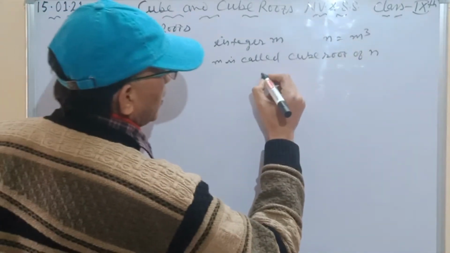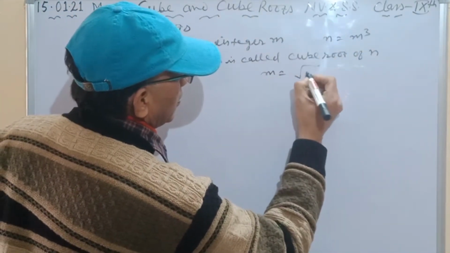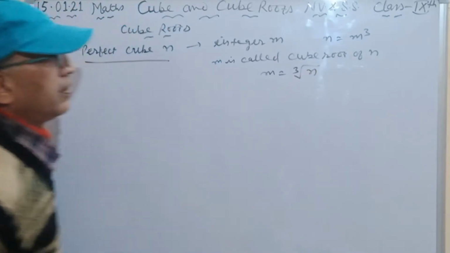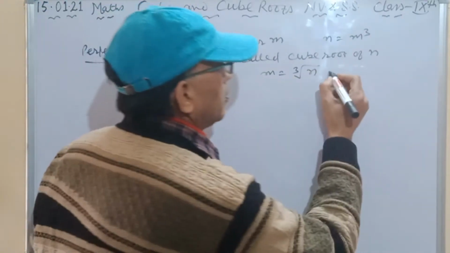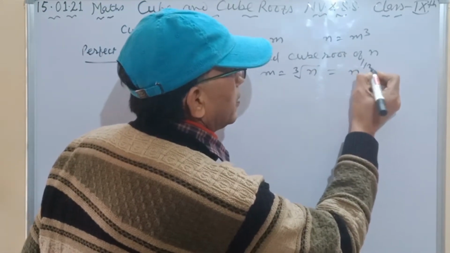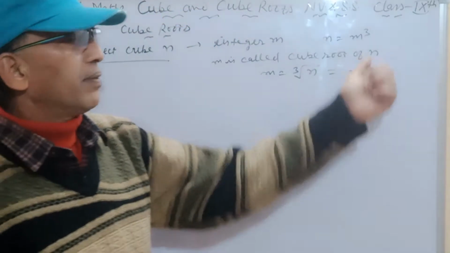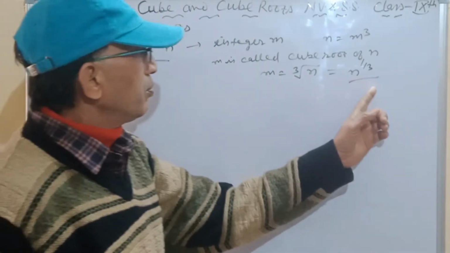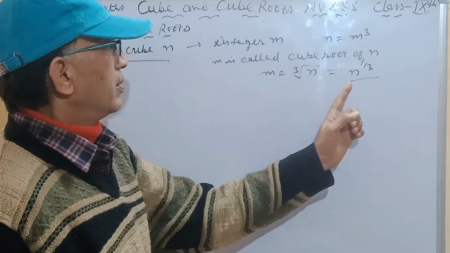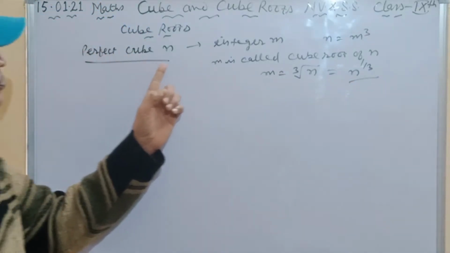That means m equals the cube root of n. You can also write this as n to the power 1 by 3, that is, the cube root of n, which is a perfect cube.